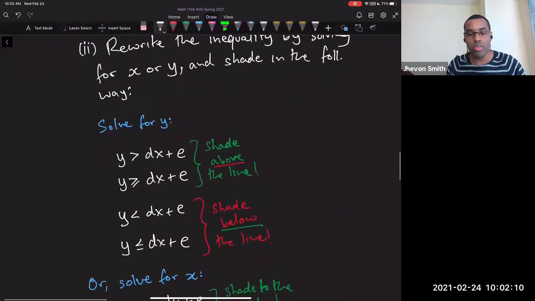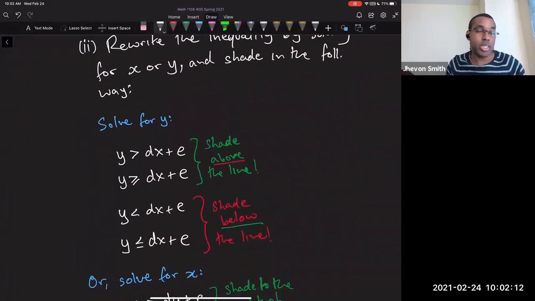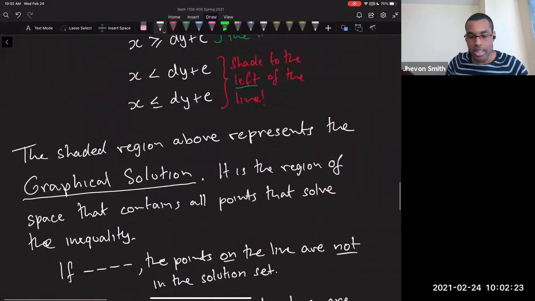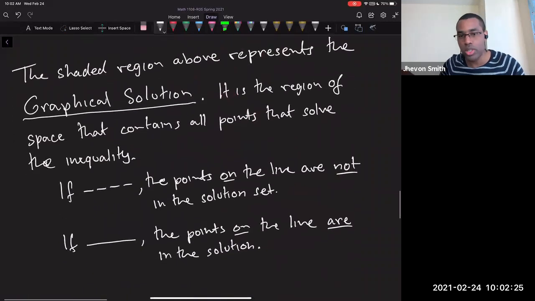You could also rewrite something, or maybe sometimes the inequality is given to you in a form where it's already written like this, and you can determine, oh, I can shade above or below, or to the left or the right. The shaded region is called the graphical solution, and it's going to be very important for us to be able to find the graphical solution for our applications.